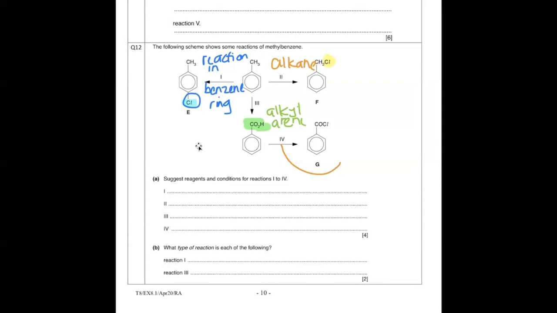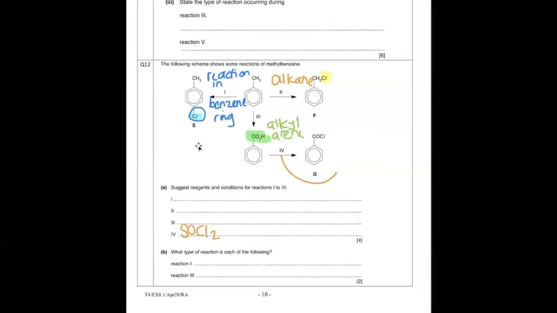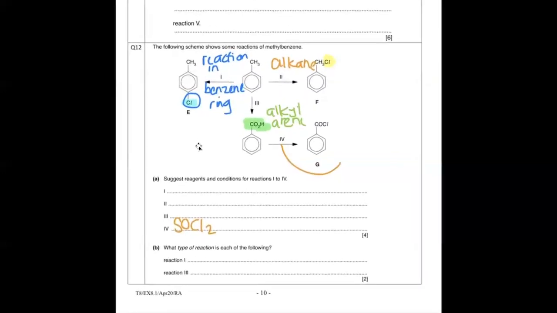For step number 4, you need SOCl2. Okay, that is all you need, right? Reaction 1, reaction 3, you should already know the answers to that. So that's question 12, hints for you. Okay, let me just write this down. Will be covered later.